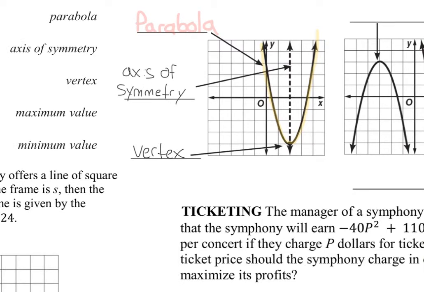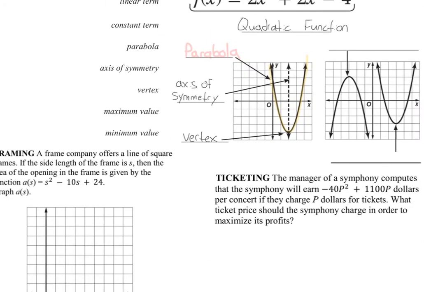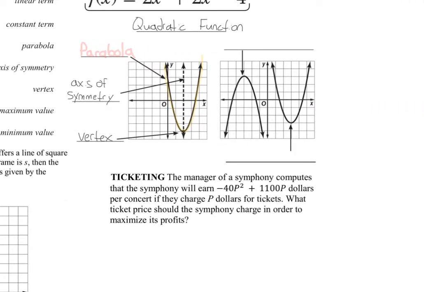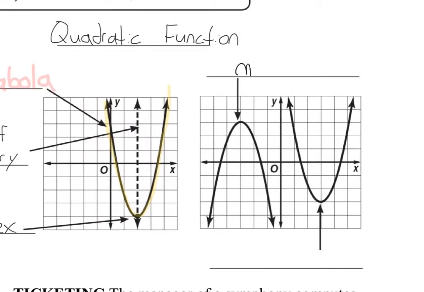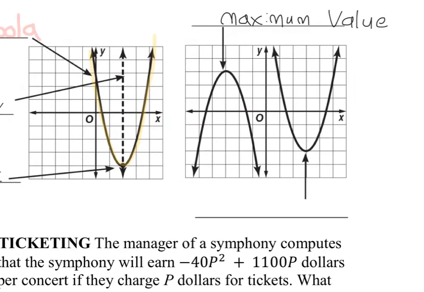The vertex is going to serve as essentially the center point of that parabola. Now, your vertex can be one of two types. It can be a maximum value, or if your quadratic opens up, it can be a minimum value.